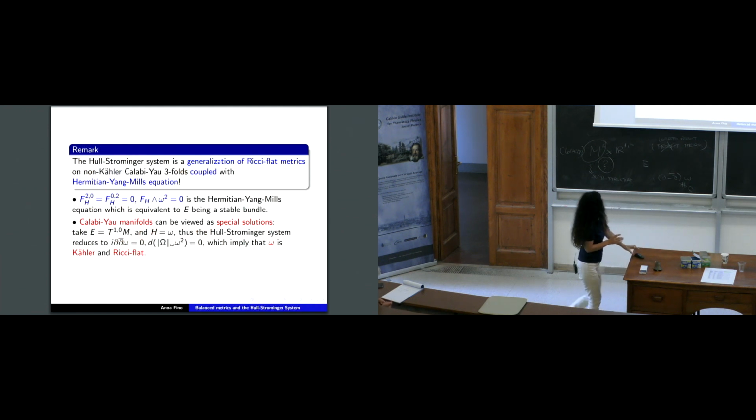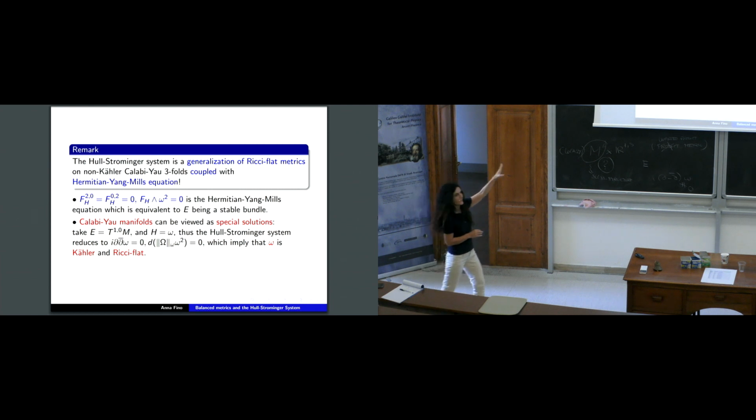Okay. So what we can say about the Hull-Strominger system is that it's a generalization of Ricci-flat metrics on non-Kähler three-folds, coupled with the Hermitian Yang-Mills equation. That's equivalent, as I said, to asking that the holomorphic bundle is stable. And we can see again that Calabi-Yau Kähler manifolds are special solutions.